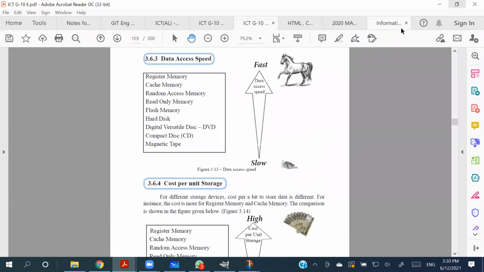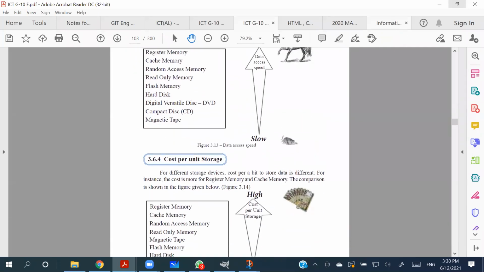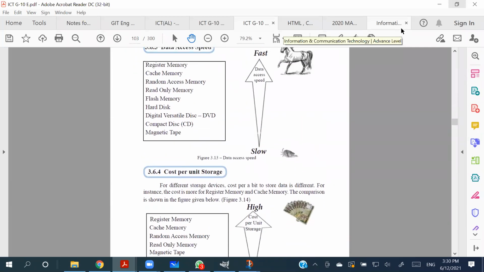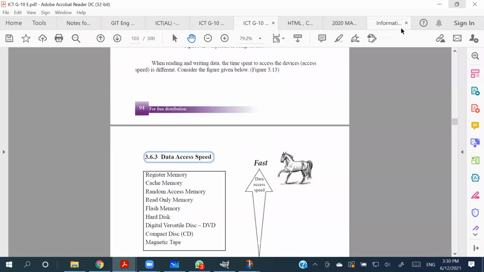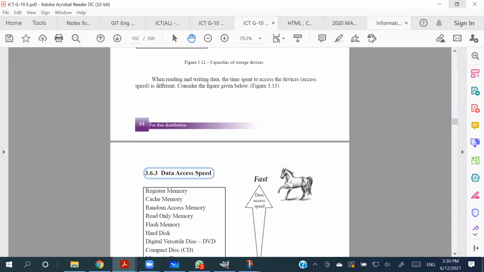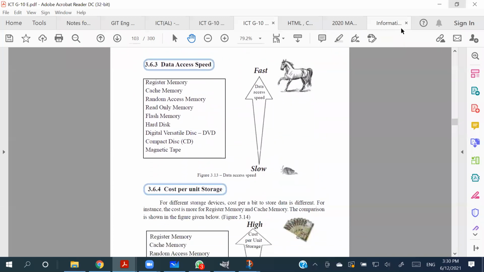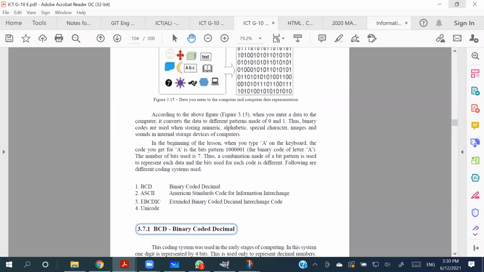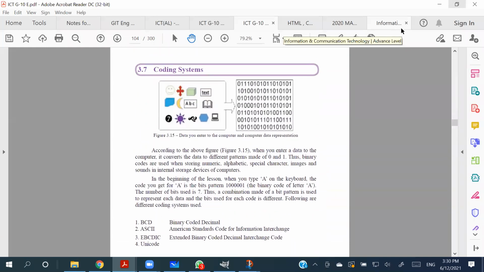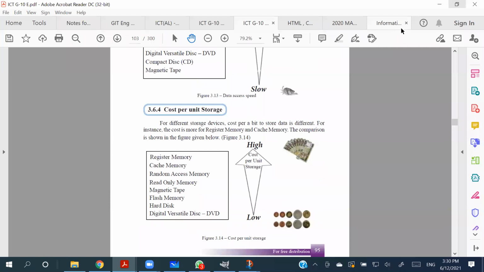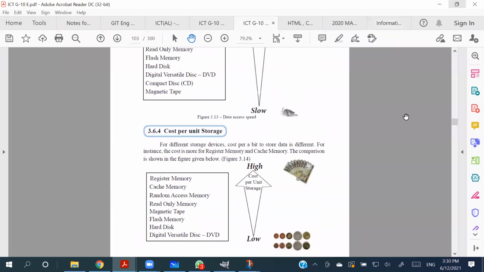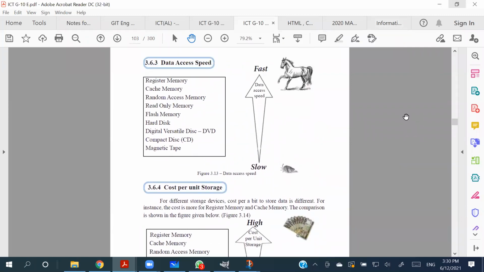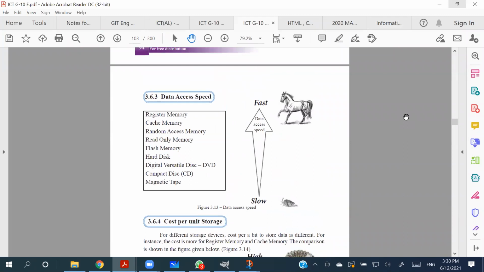These two as well. Is there anyone who is copying from the screen, people?